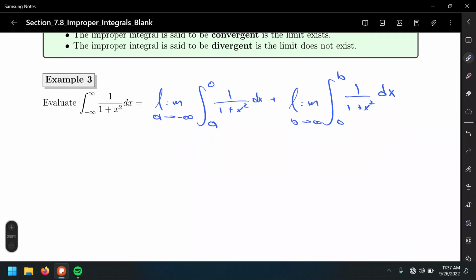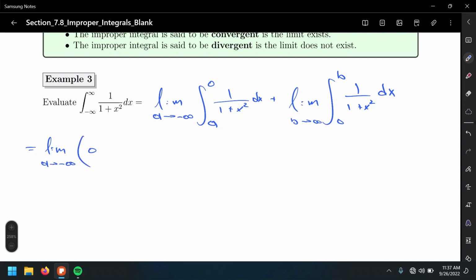So on the one hand, we obtain the limit as a approaches negative infinity of arctan x evaluated from a to 0, plus the limit as b approaches infinity of arctangent of x from 0 to b.